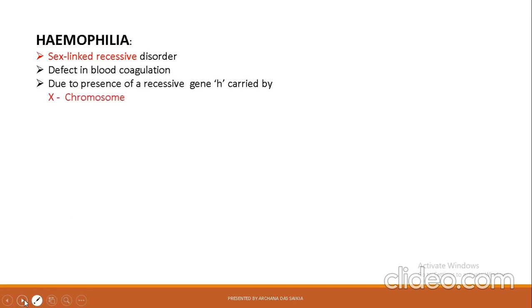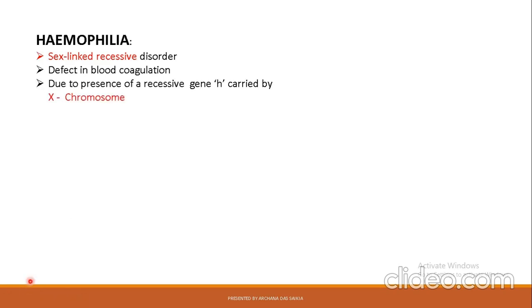If it occurs in the homozygous condition, then only its expression can be seen. Otherwise, in a heterozygous condition, that means in the presence of the dominant allele along with it, the defect will not be seen, though the gene is present. So here, as I mentioned, it is a defect in blood coagulation.